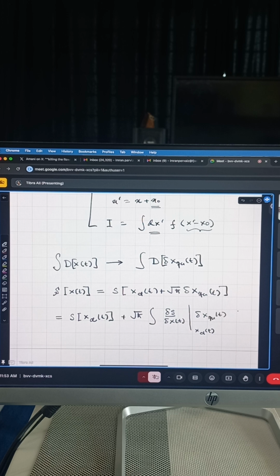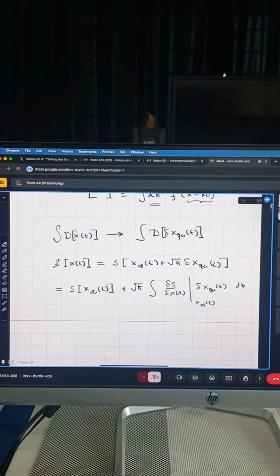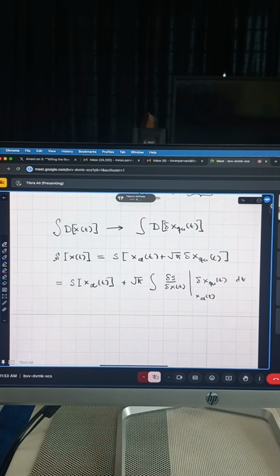This would be the first order correction. The second order correction would be the square of this, and the square of this is going to give me h bar. And here I will get a second functional derivative of S with respect to x of t, x of t prime.